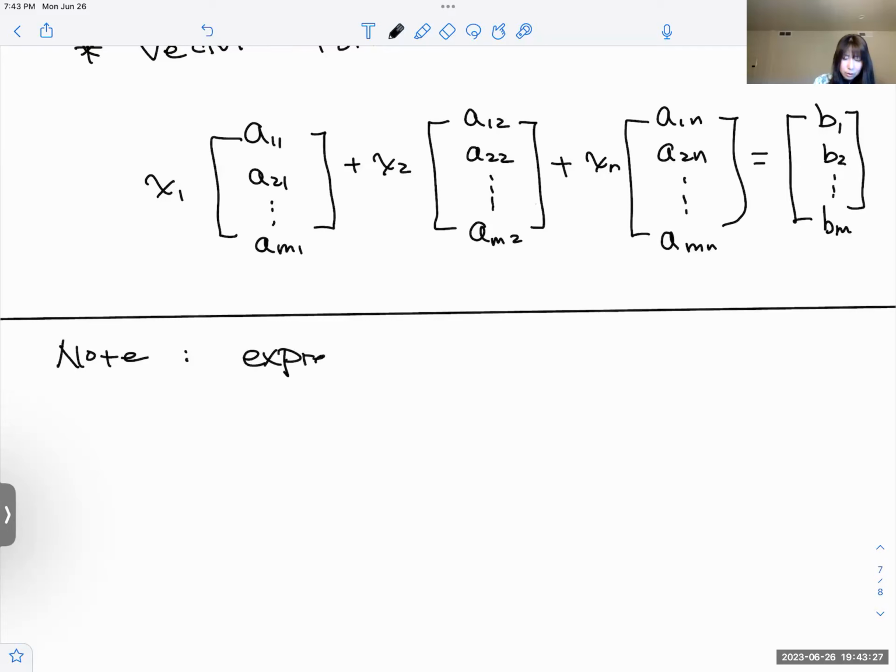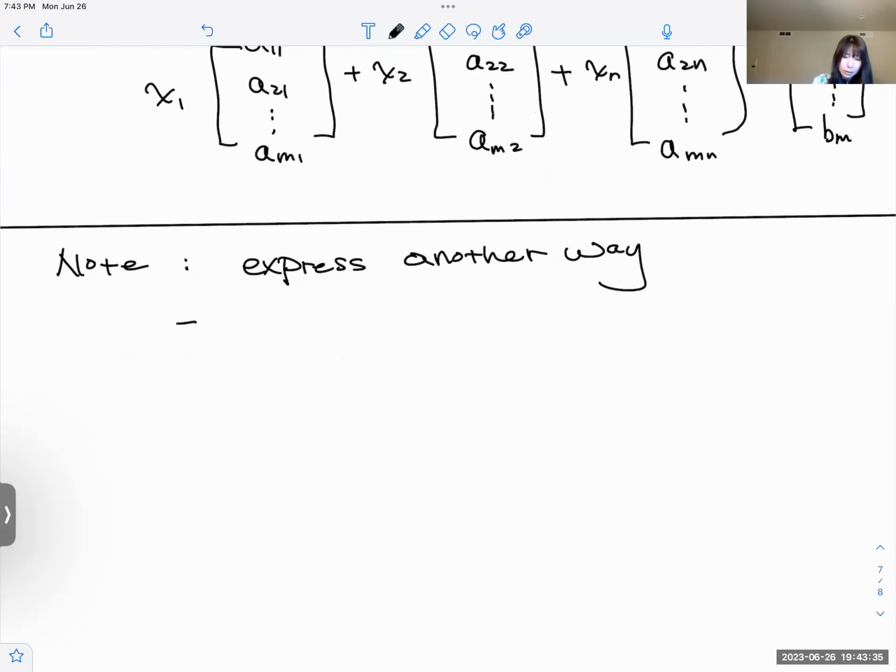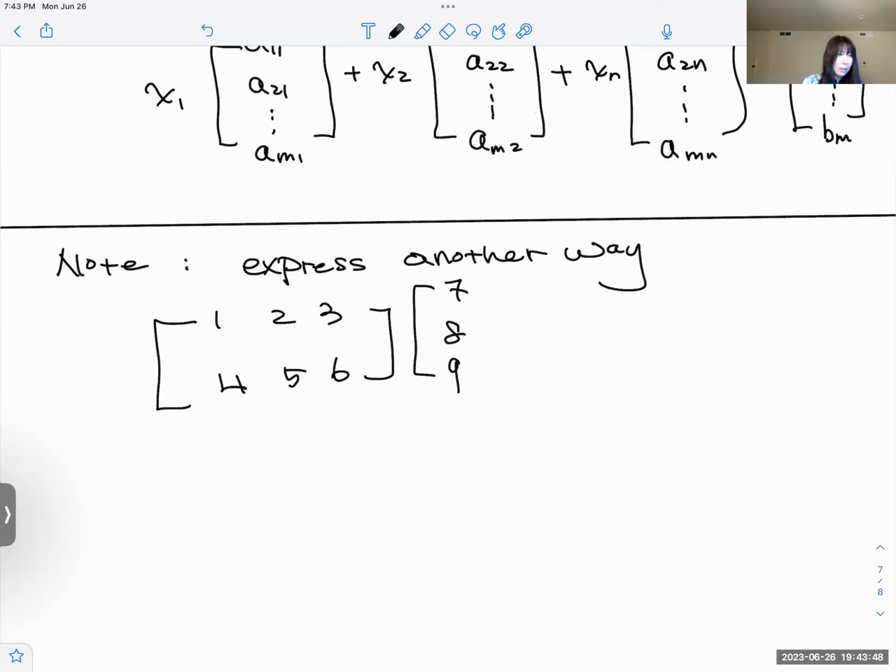Express the other way. So we have 1, 2, 3, 4, 5, 6. So we get 7, 8, 9.